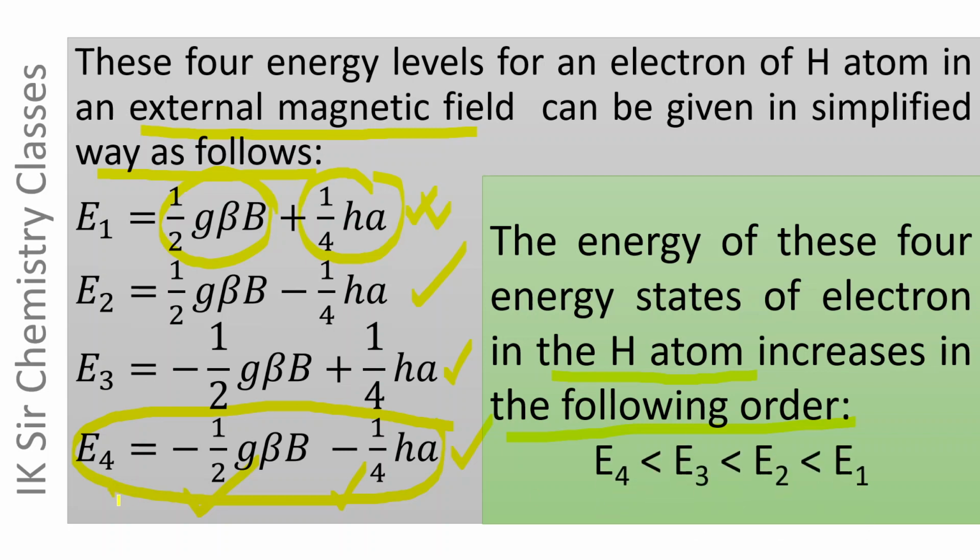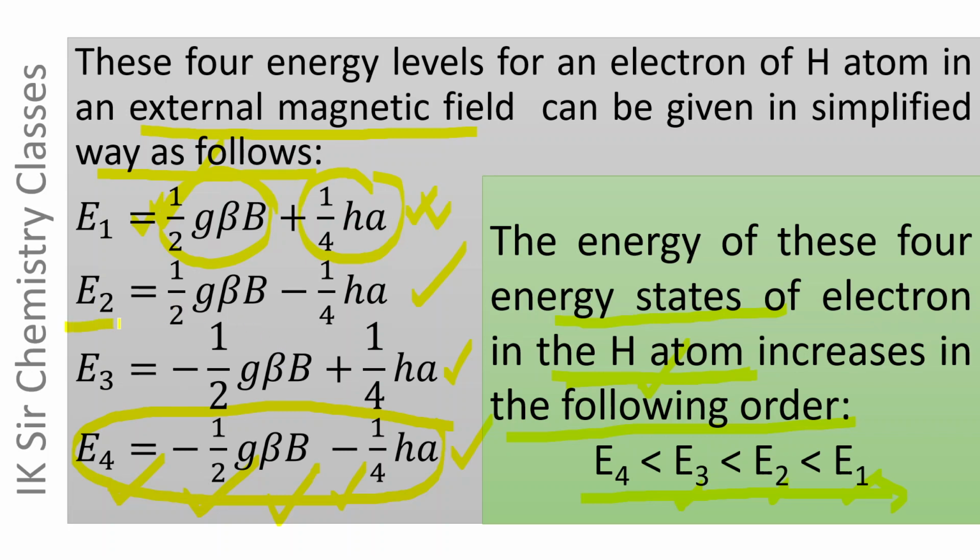E4 is minimum, followed by E3, E2 and E1. E3 is greater than E4, E2 is greater than E3, and E1 is greater than E2. This is the increasing order of energy of four energy states of electron in hydrogen atom in an external magnetic field. E4 has the minimum energy while E1 has the highest energy.